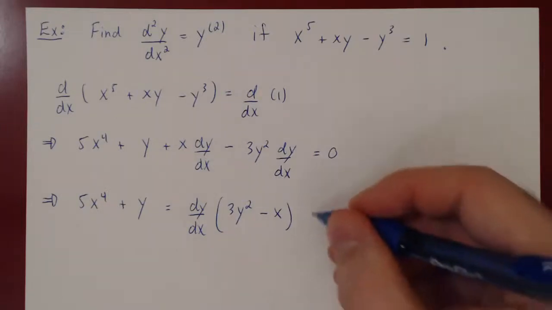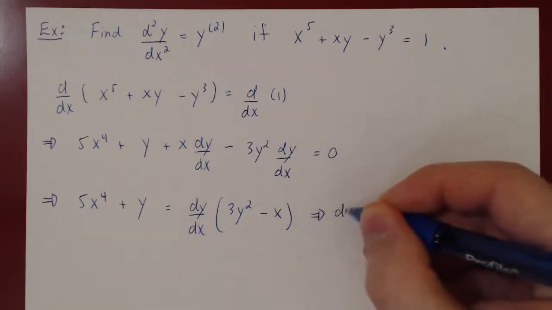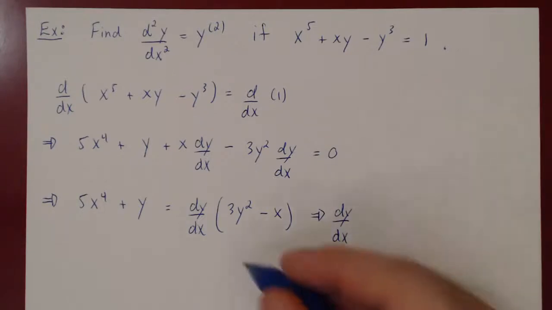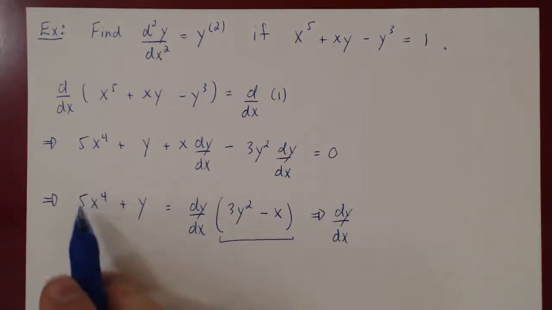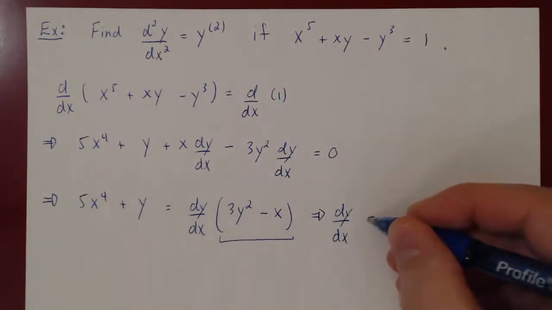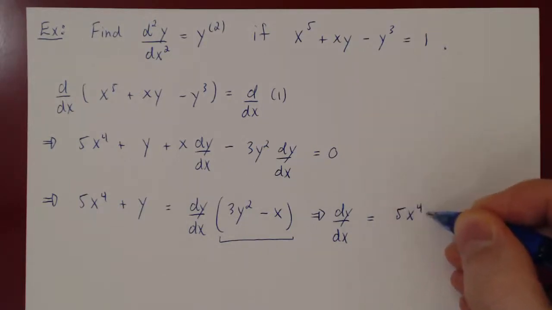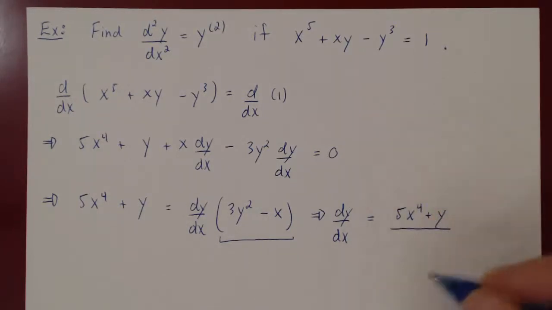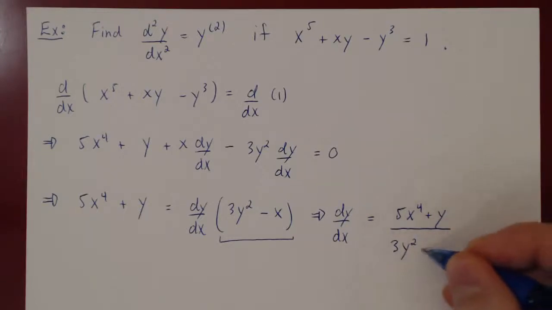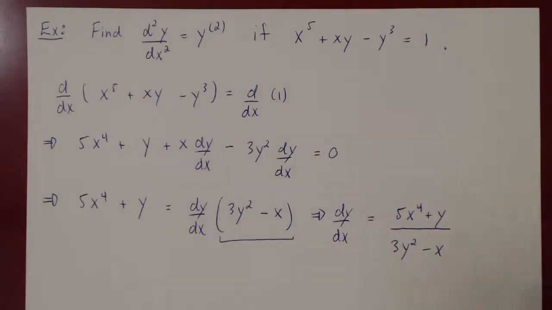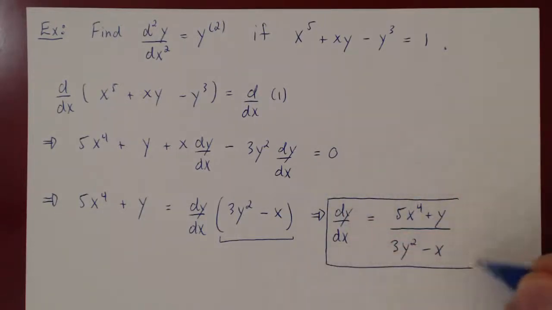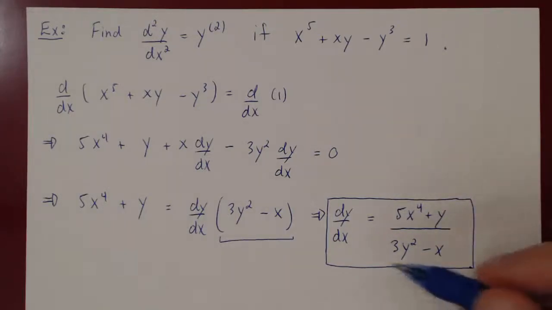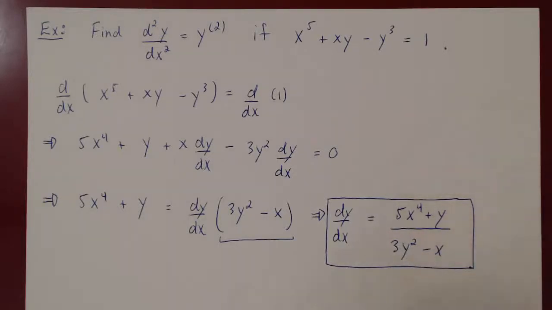And we can finally solve dy over dx for the derivative of our curve by dividing across by 3y squared minus x. So this will be 5x to the 4 plus y over 3y squared minus x. So we now have the first derivative of our curve as a function of x and y. It is 5x to the 4 plus y over 3y squared minus x.